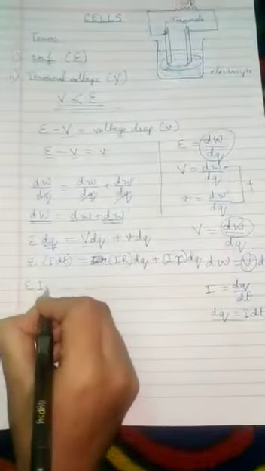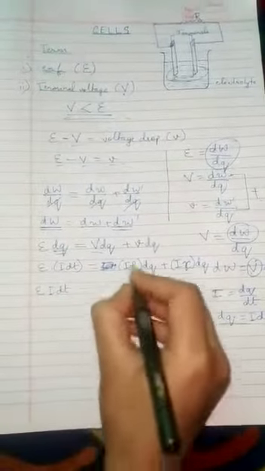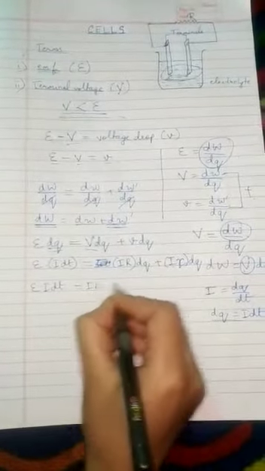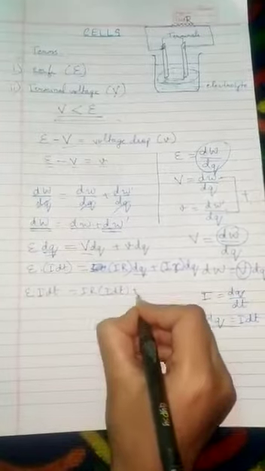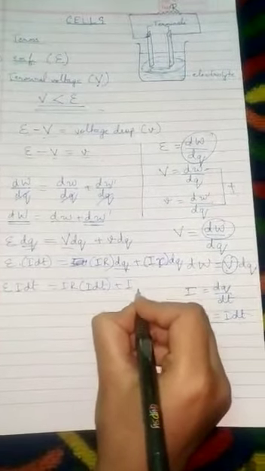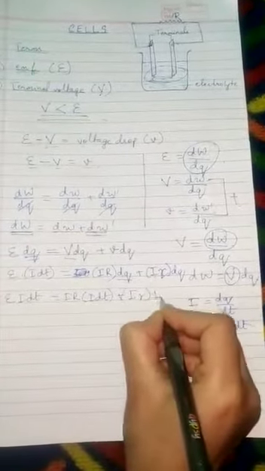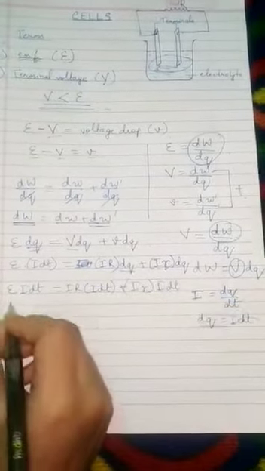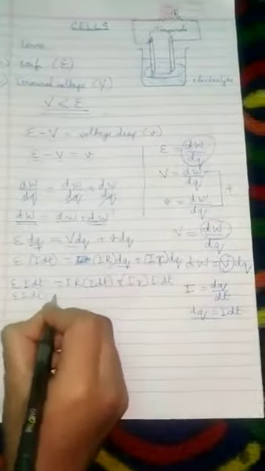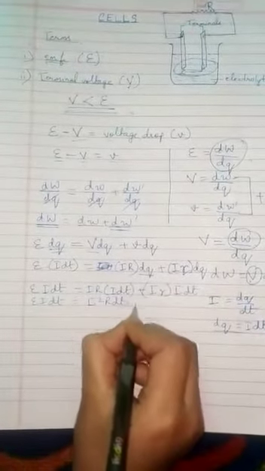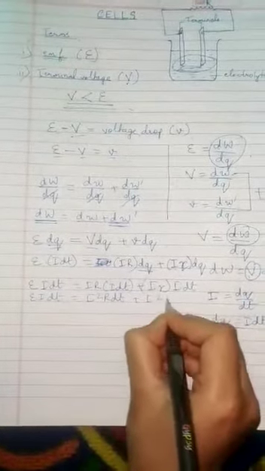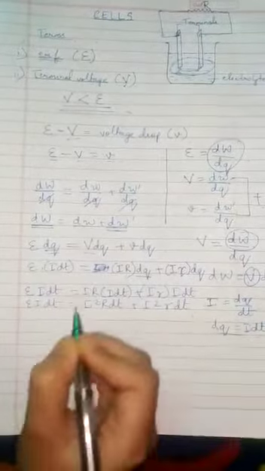Let's rewrite again. EI dt is equal to IR into I dt plus Ir into I dt. In the next step, I square R dt plus I square r dt.